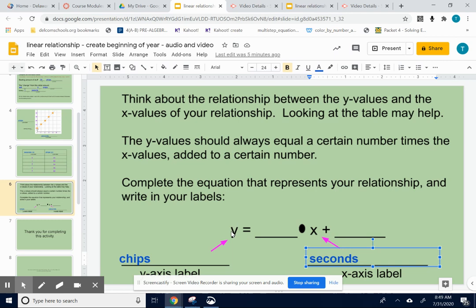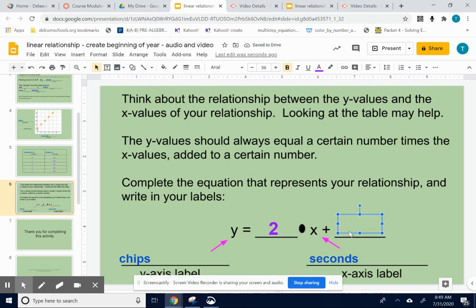In my problem, my y values, my chips, will always equal 2 times the x values plus the 30. Just do your best on this. I know this is going to be hazy. I'm expecting it to be hazy. Just do what you can, but see if you can figure out which numbers will make this work.